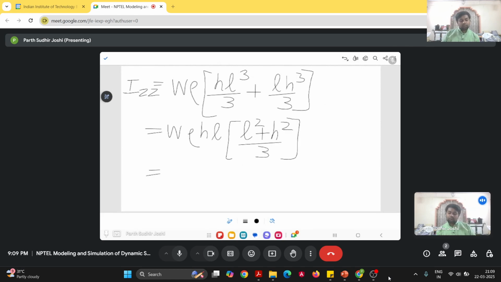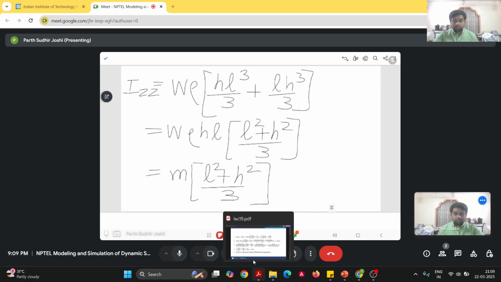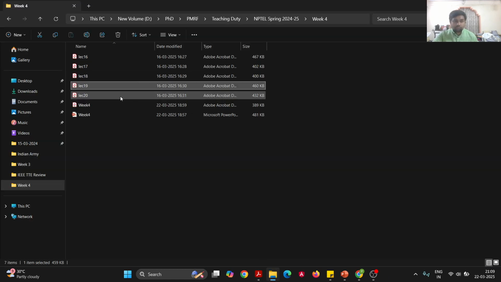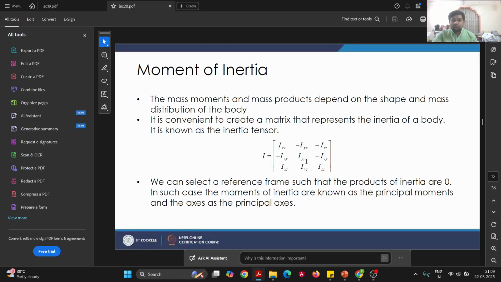So this becomes mass, so volume into density, which is mass into L square plus h square by 3. Similarly, to get the other inertia components across the other axes x, y, and z, we can use a similar approach.